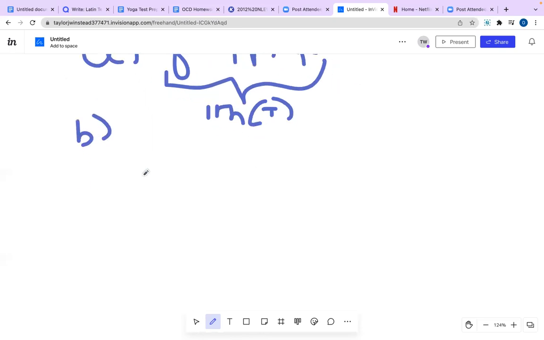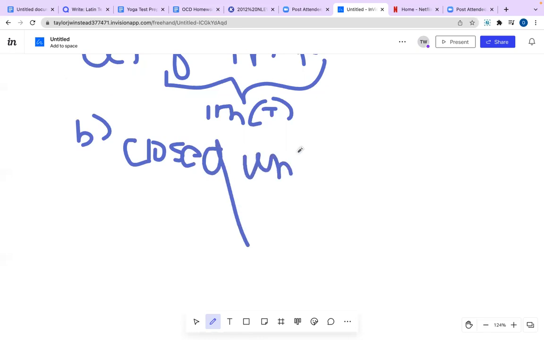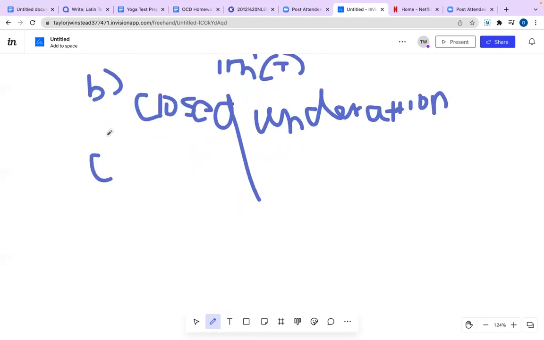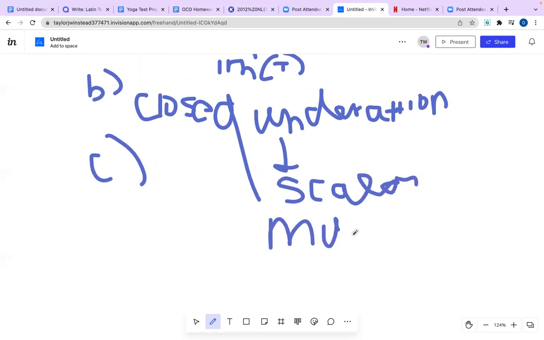Second, we need to know that the image of T is closed under addition. In other words, if V1 is in the image and V2 is in the image, V1 plus V2 is also in the image. And we can say it's also closed under scalar multiplication.